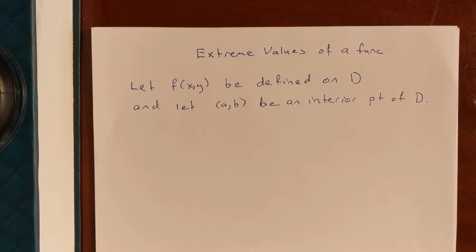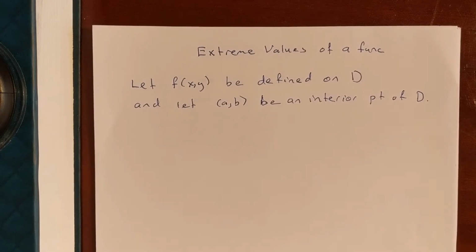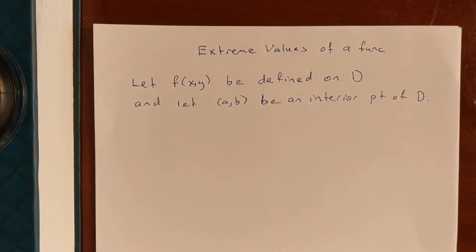Okay, so first of all, we need to define what it means for a function to have a local minimum, and then what it means to have a local maximum. I guess we'll do the max first. They're just opposites of each other. So when do we have a local maximum?